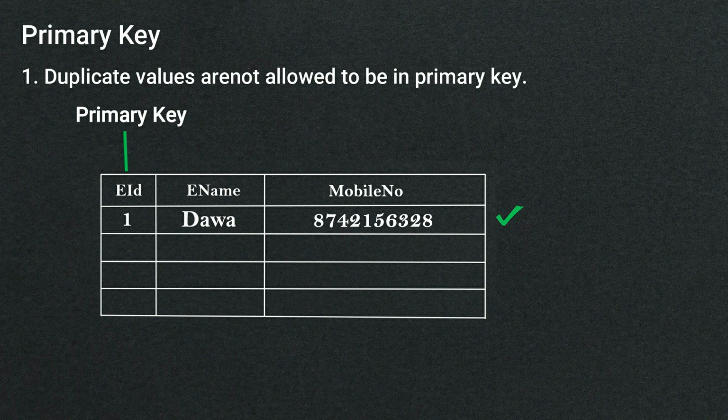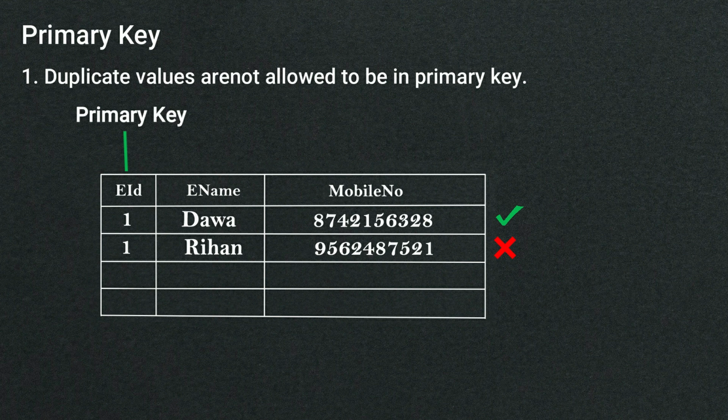But in the second row, if we insert employee ID value 1, which is already inserted in the first row, and employee name Rihan, and here in mobile number we give 9562487521, now tell me, will this value be inserted into the table or not?